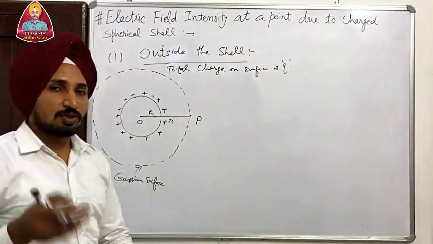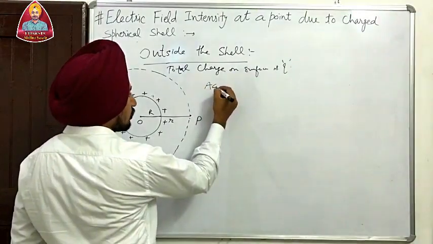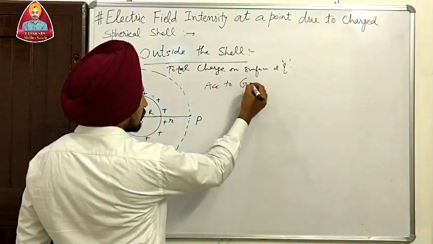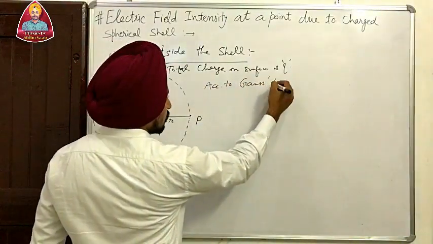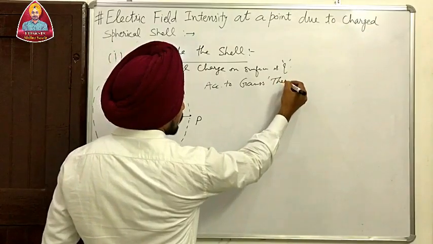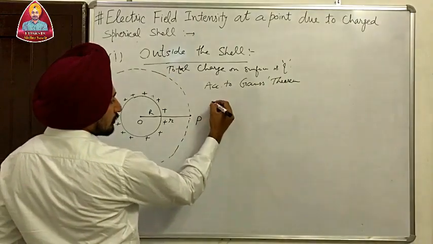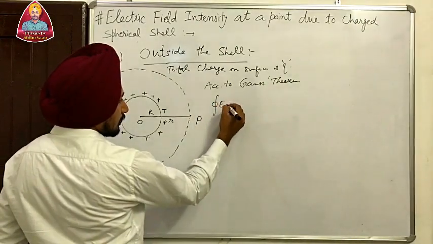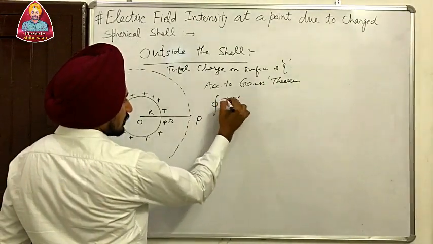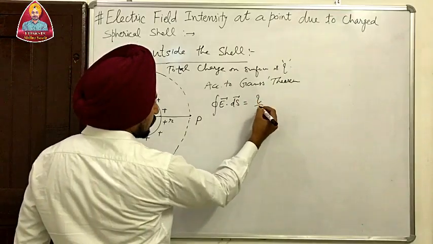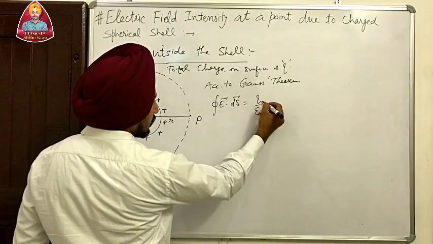So, according to Gauss theorem, the integral of E dot ds vector is equal to q enclosed upon epsilon naught.